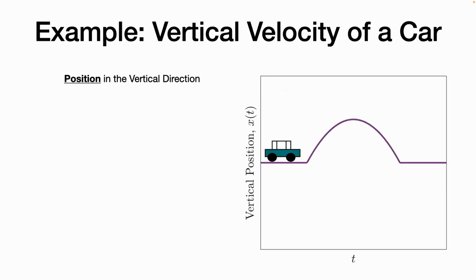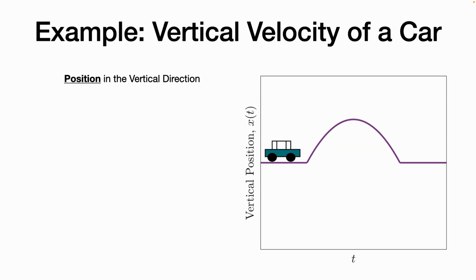All right, and so let's think about a car driving to the right, and we're going to model the vertical position, and I know I call it x of t, it's for later notation. So we're going to model the vertical position, x of t, as a function of t, and here this car is going to brave this steep slope.